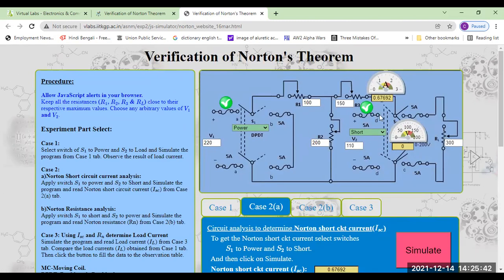Without this, you can't measure any total resistance over there. V by I is given, so it will give this resistance. It is not like our normal calculation. Here it is given, apply S1 to the short and S2 to the power. Yes, we have given this power.